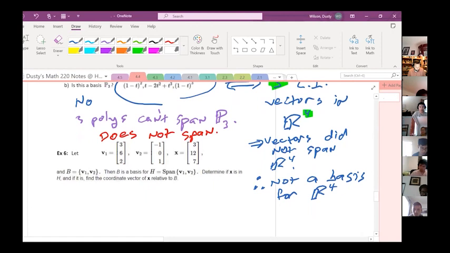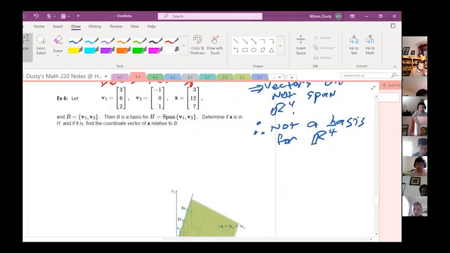Okay. So let's look at another example. Example 4. Let's let V1 equal 3, 6, 2, V2 equal -1, 0, 1, and X equal 3, 12, 7. And then we'll let B equal the set V1, V2. One thing I want to point out is that V1 and V2 are not scalar multiples of each other, right?